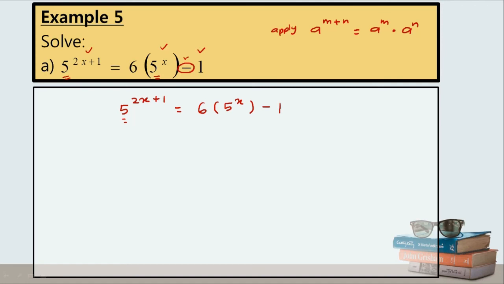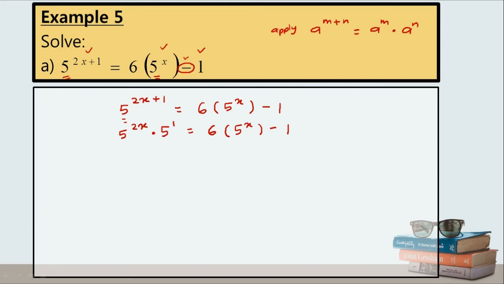So this one we can use 5 to the power of 2x times 5 to the power of 1 equal to 6 times 5 to the power of x minus 1. Okay, so this is the first step.